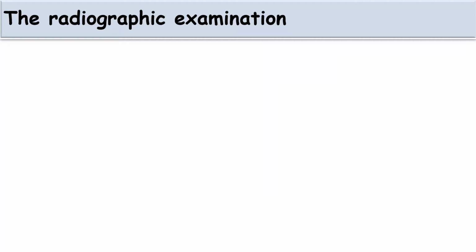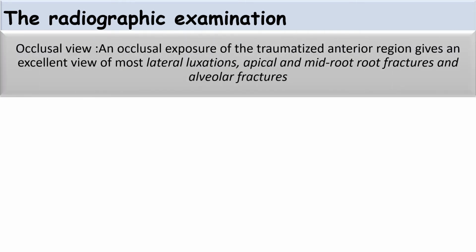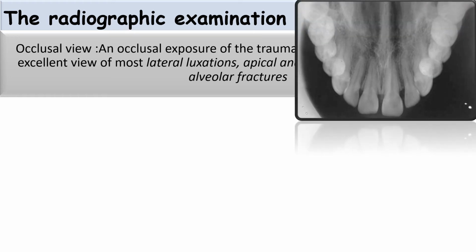With our clinical examination over, we have a fairly good idea about the area of injury. This area needs to be examined radiographically. Now, three angulations are recommended by the International Association of Dental Traumatology, of which the first is the occlusal view. An occlusal exposure of the traumatized anterior region gives an excellent view of most lateral luxations, apical and midroot fractures, and alveolar fractures.